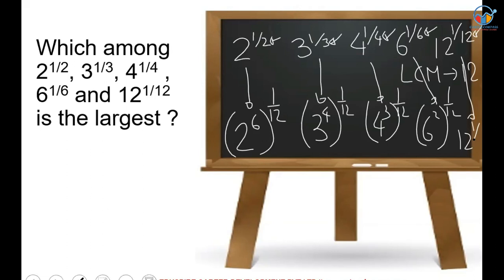Now what is 2 to the power 6? It is 64, right? What about 3 to the power 4? That's 81. 4 cube, 64. 6 square, 36. And of course, you have 12 at the last. So, out of all these numbers, 81 is the highest, which is why your answer will be 3 to the power 1 by 3.